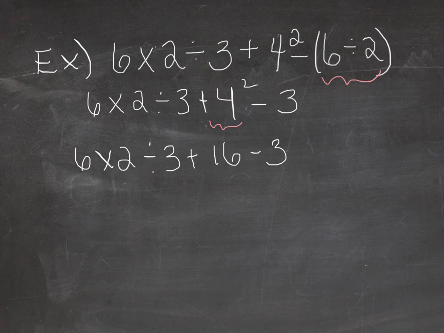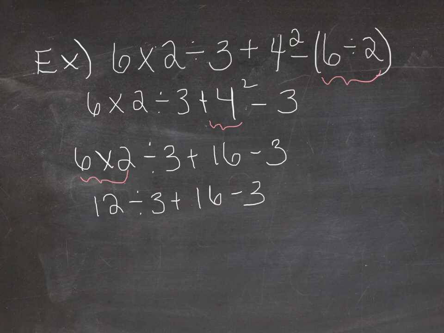Now I have multiplication and division, and remember you do them in order reading from left to right. So multiplication and division can switch order. So I'm going to do the multiplication first. So I have 6 times 2 is 12, divided by 3 plus 16, subtract 3. I have a division that I have to do before I do addition or subtraction. So I have 12 divided by 3 is 4.